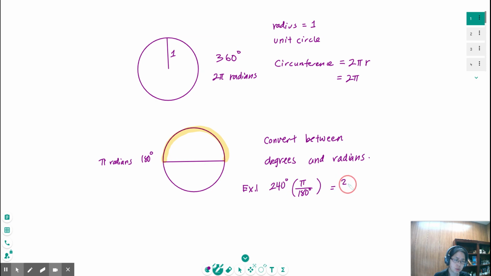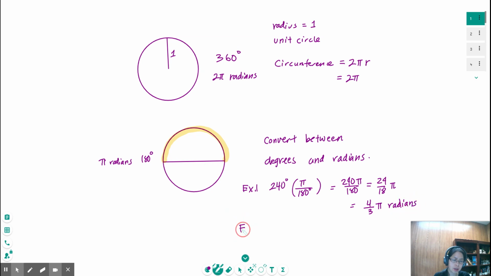So we get 240 pi over 180, which is going to simplify down to 24 over 18. And if we divide those both by 6, we get 4 over 3 pi. Okay, so we know that 240 degrees is 4 over 3 pi radians.